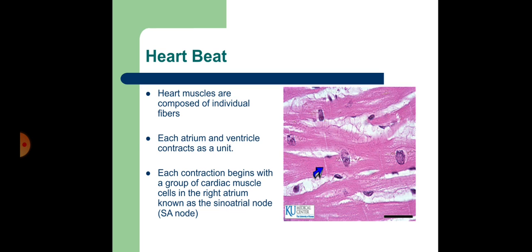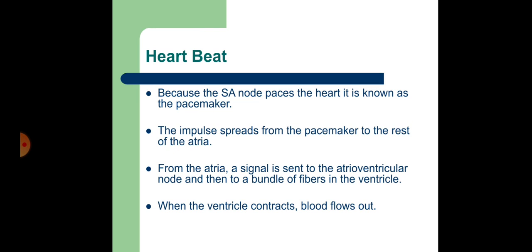Each contraction begins with a group of cardiac muscle cells in the right atrium known as the SA node or the sinoatrial node. Because the SA node paces the heart, it is also known as the pacemaker.